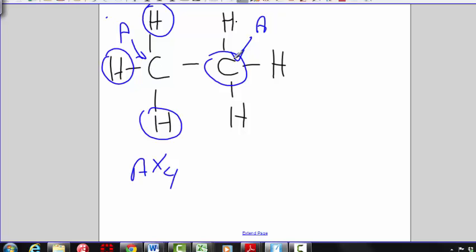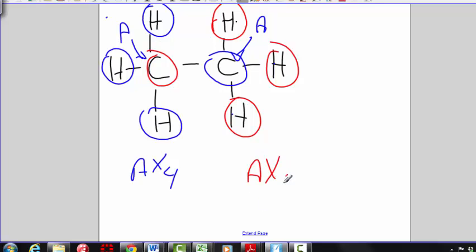This carbon also has four things directly attached to it. 1, 2, 3, 4. Also AX4. So this molecule has an AX4 around this carbon and an AX4 around that carbon. Notice the ones here I've circled in red, these H's, they're not directly attached to this carbon over here. That's why they don't count in this carbon's pattern.